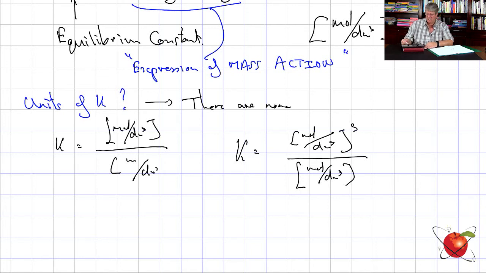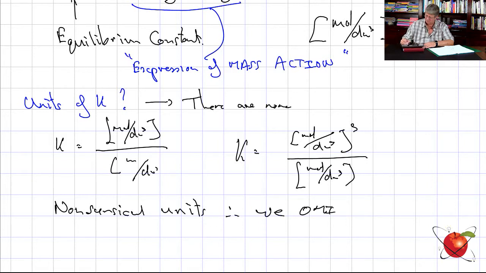And here you're going to get nonsensical units. Therefore, we omit units. We omit the units on the K, right?